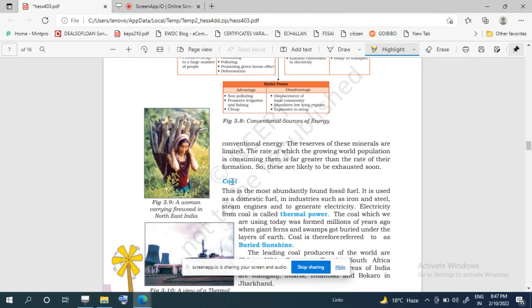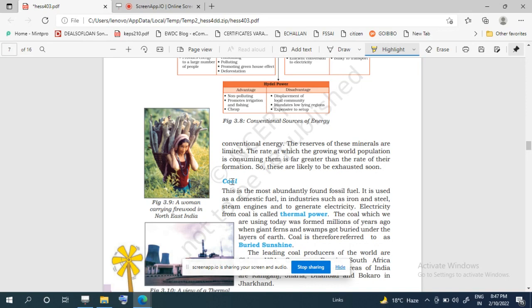The gap between these two is so high that it becomes almost non-renewable. That is why it is considered that these power sources will be exhausted very soon.